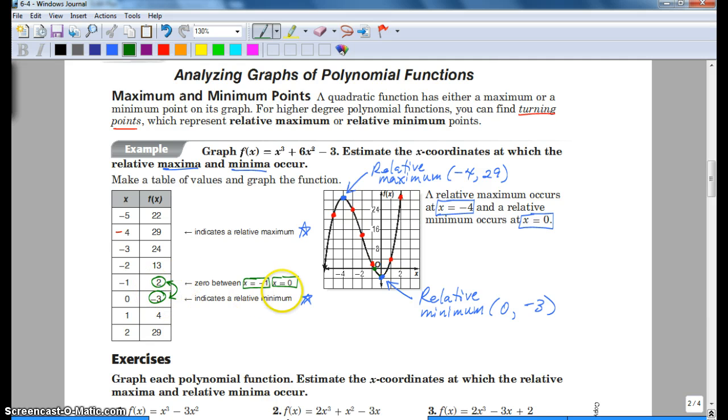So it's actually between those two values. And then this particular 0 right here appears to be between 0 and 1. So here's your other negative to positive interaction. So that speaks to not just the relative max and min values, but it also speaks to the zeros.